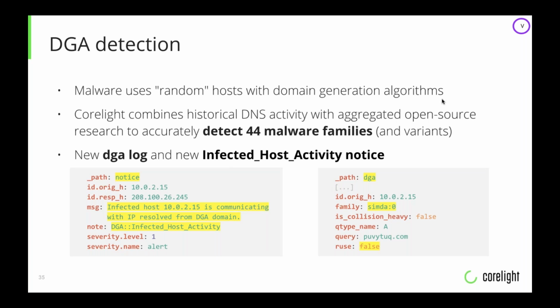What we did is, a number of the generators for these particular DGAs are published. They're available in some open source lists. There's researchers who are actually reverse engineering or pulling these out of the malware and then publishing them. And so what we did is actually pull together the lists of those generators, which cover more than 44 different malware families and their variants.